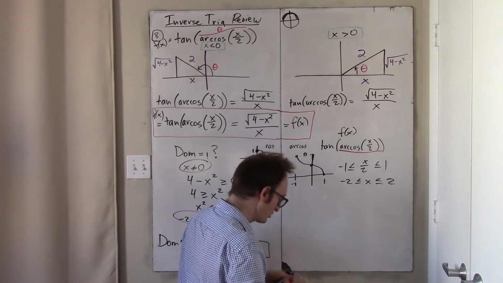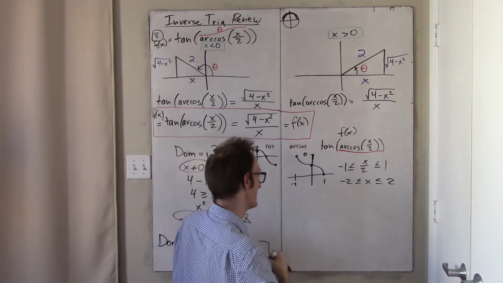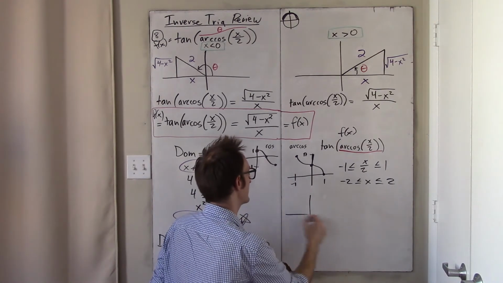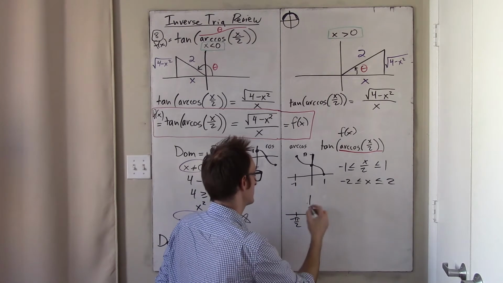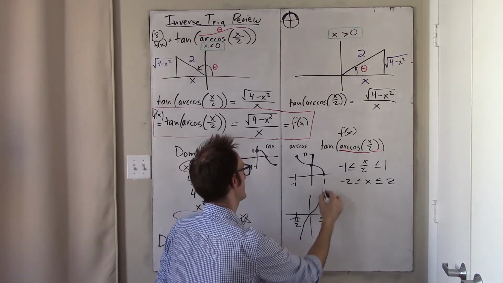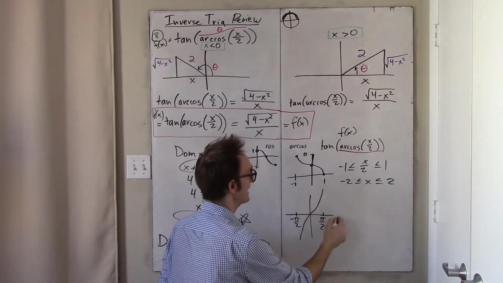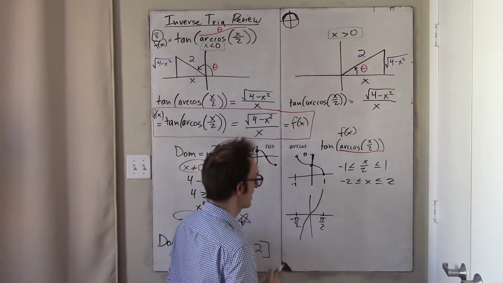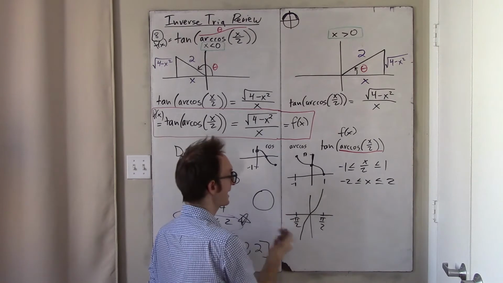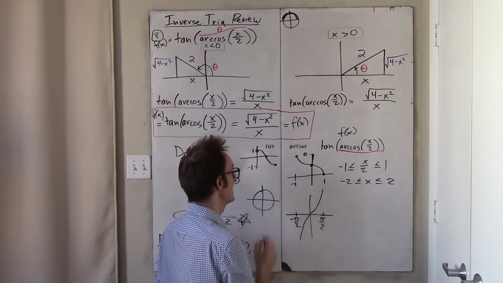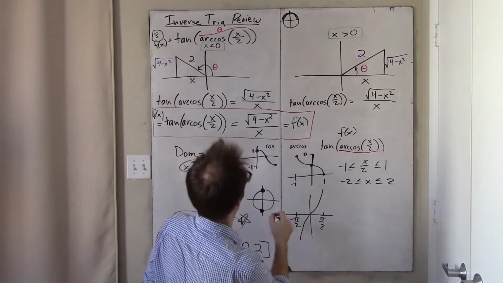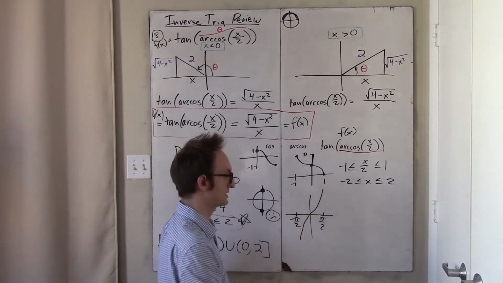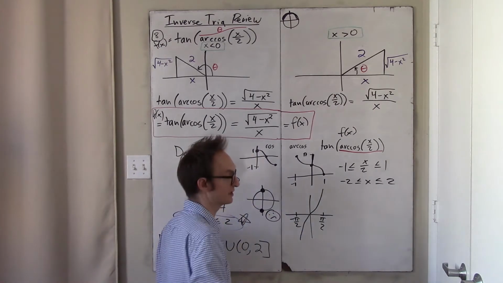If you know the graph of tan, I certainly can't take the tan of pi over 2 or negative pi over 2 or a bunch of other things, right? Tan is y over x, and so those points are going to crash the tan function. I cannot take the tan of pi over 2.